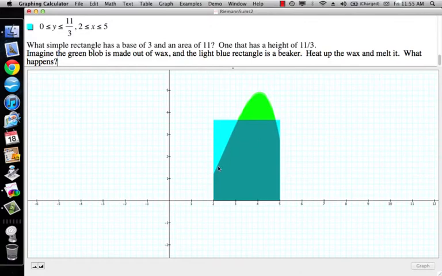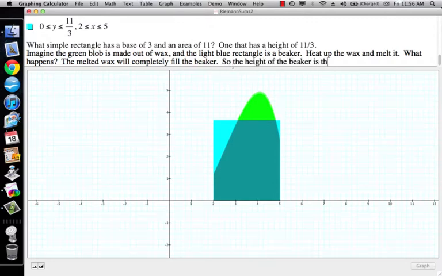And so I've got this odd shaped thing of wax that's poking out of the top of my beaker. And so now I put the whole thing on a hot plate and I melt the wax. Well, as I melt the wax, this is going to melt and it's going to flow down into these parts that are not covered. And so basically, the melted wax will completely fill the beaker. So the height of the beaker is the average height of the wax blob.